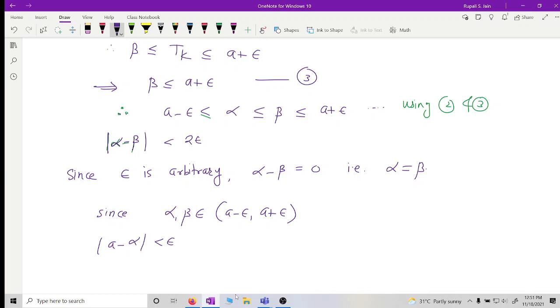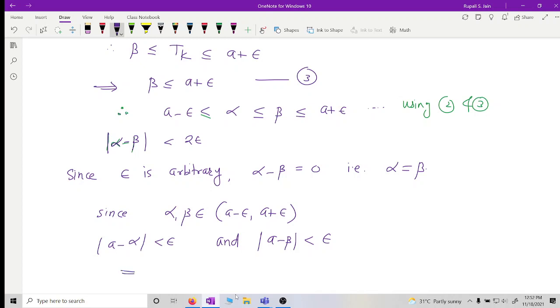A also belongs to this, alpha also belongs to this. What is modulus of A minus alpha? It must be less than epsilon. And what about modulus of A minus beta? It must also be less than epsilon.